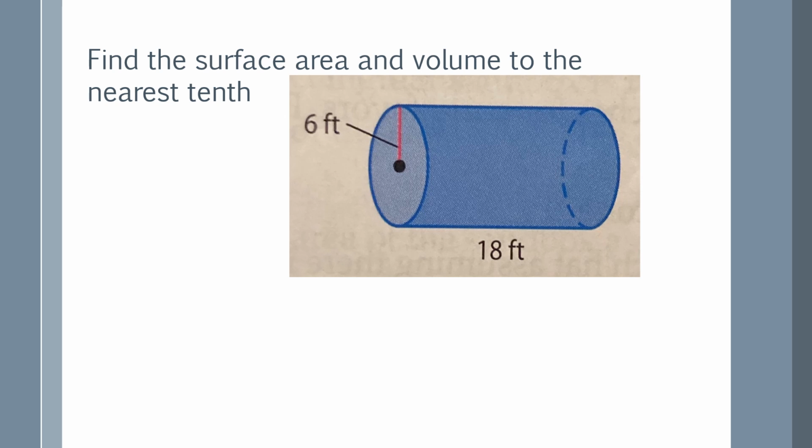The surface area formula is 2 pi r h plus 2 pi r squared.